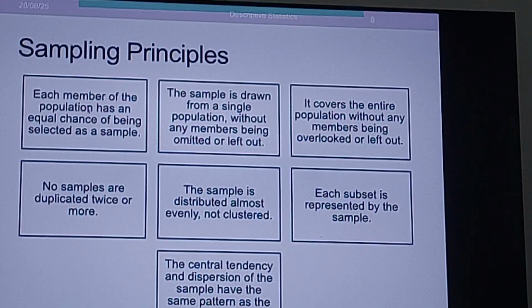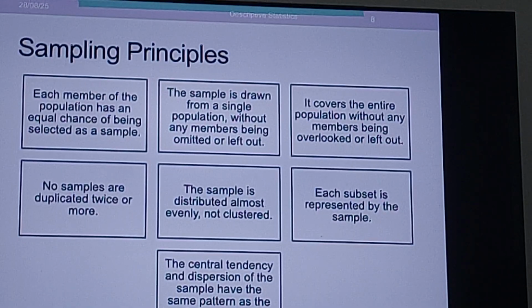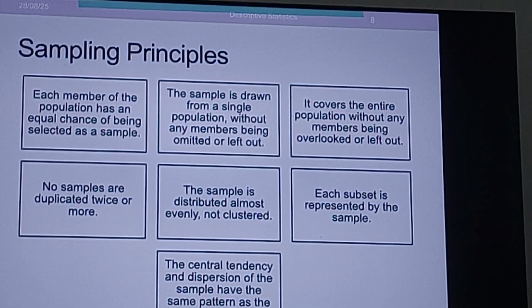By taking it randomly. Don't take it for any reason, because you know them, or because they have a high GPA, or are from Malang, or any other reason.